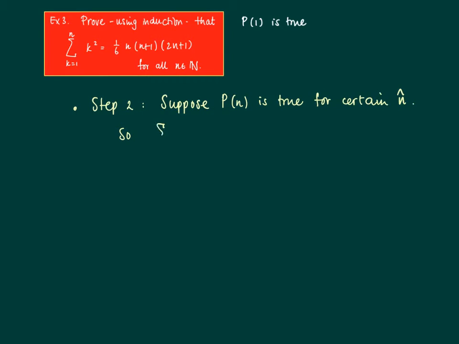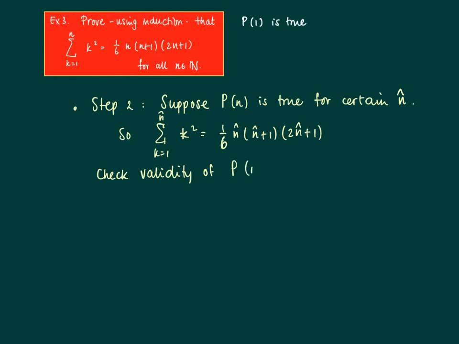So this means that if we substitute n hat for n, we get the sum of the first n hat squares equals 1/6 n hat times (n hat + 1) times (2n hat + 1). This is the induction hypothesis. So now we want to check the validity of P(n hat + 1).